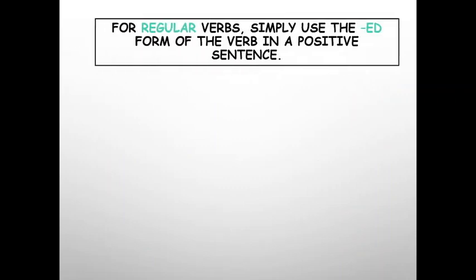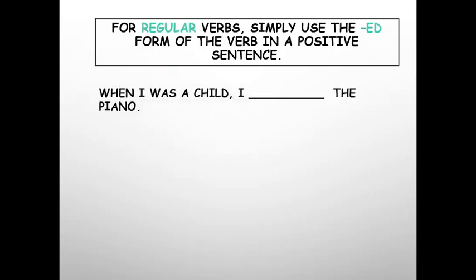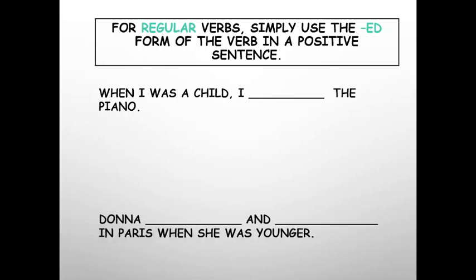For regular verbs, simply use the ed ending form of the verb in a positive sentence. Guys, please fill in this sentence: When I was a child, I blank the piano. Or Donna, blank and blank in Paris when she was younger.